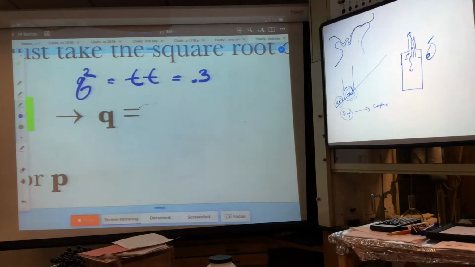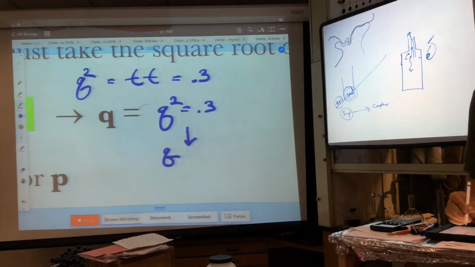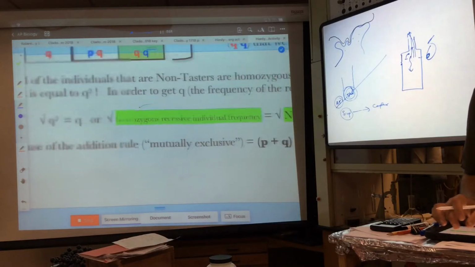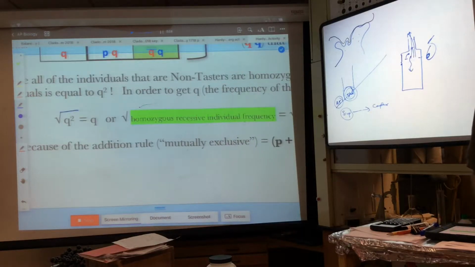Q times Q. So if my Q squared is equal to 0.3, how do I get this to equal just Q? Well, of course, I'm going to square root both sides. So I take the square root of my Q squared to get Q.